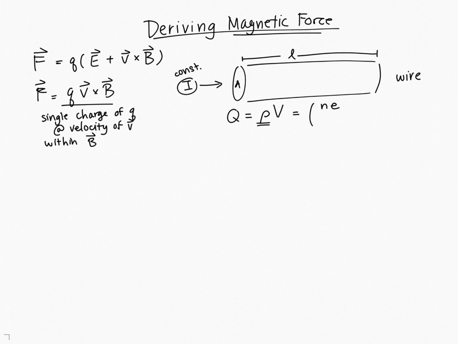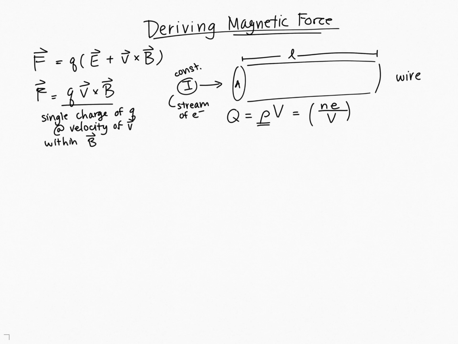And since we know that this is a wire and it has a current, and a current is a stream of electrons, each of those electrons is going to have the same magnitude of charge, the magnitude of the charge of an electron. So we have N times E.